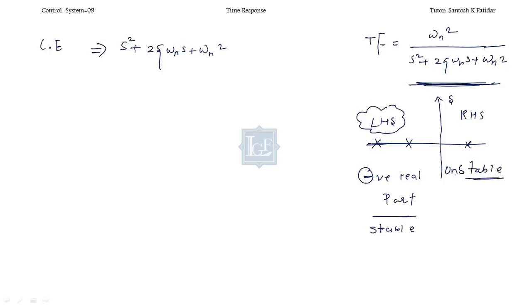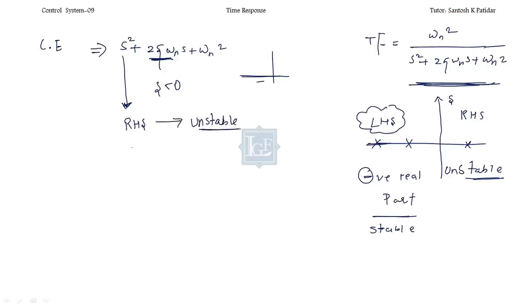So if you want your system to be stable, what will be the value of zeta? If zeta is less than 0, meaning in the negative part, definitely you will get your pole in the right hand side. So your system will become unstable.